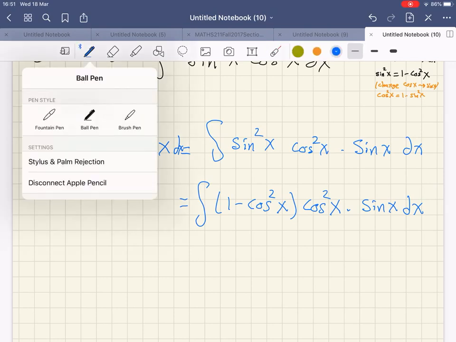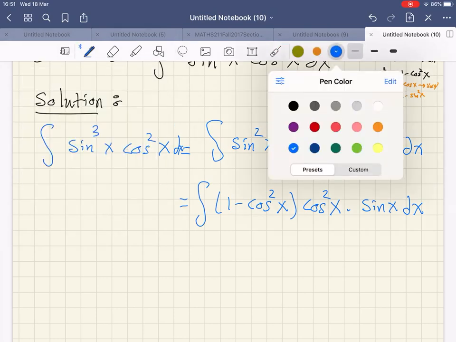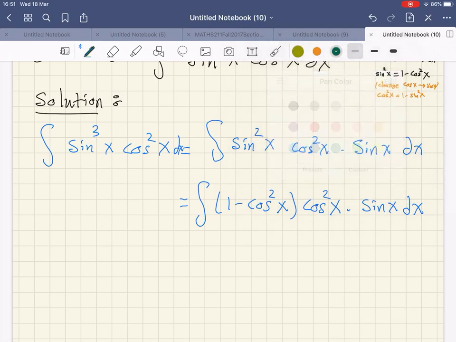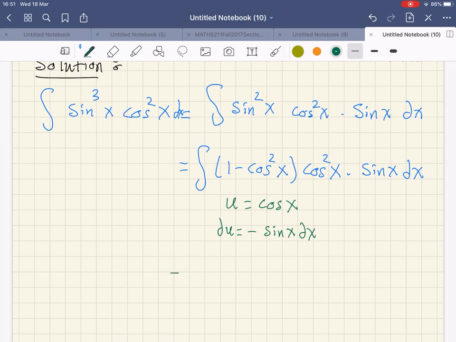Let me do it with different colors here. Greenish is good. u equals cosine x, so du equals negative sine x dx. So my integral will now be the integral of 1 minus, instead of cosine x, I will write u, and then there is the square, I keep it.